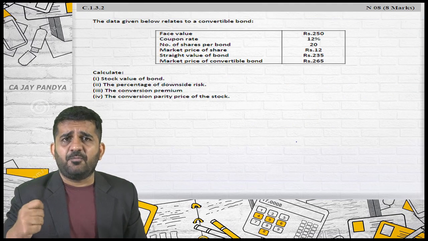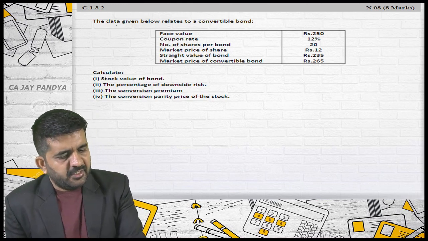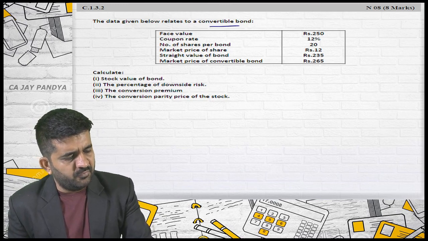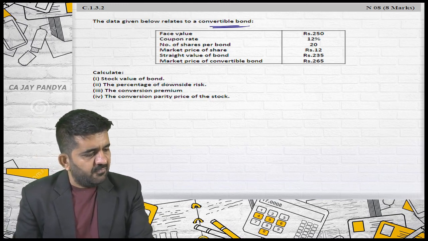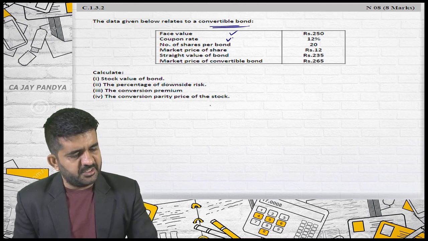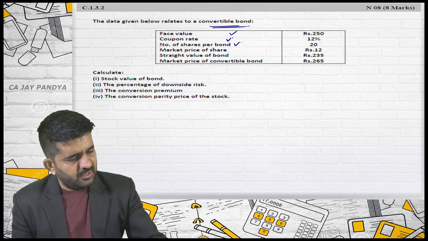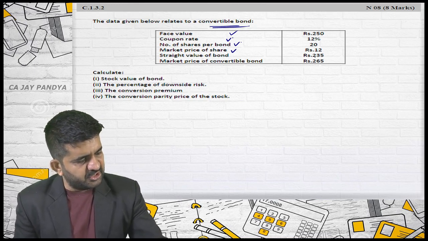It is instead of preference shares, it is a bond, but still it is the same type of question. The data given below relates to the convertible bond. Face value is 250. Coupon rate is 12%. Number of shares per bond is 20. Market price of the share is 12.